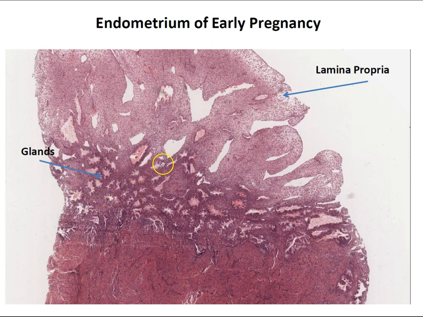The lamina propria, which resembles mesenchyme, is highly cellular and contains abundant ground substance. And there is no submucosa that separates the endometrium from the myometrium.